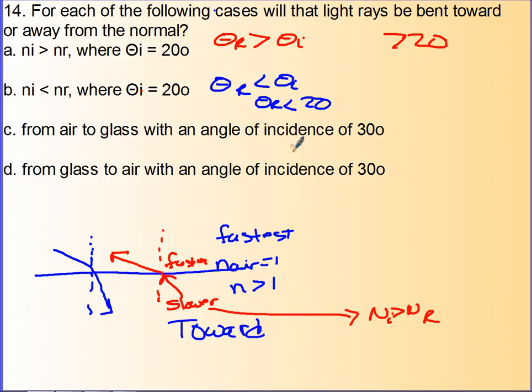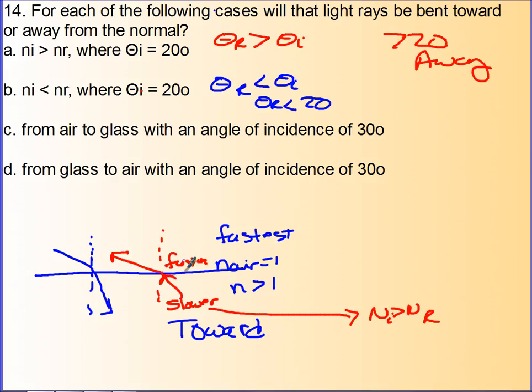From air to glass, oh, I'm asking is it toward or away? Sorry. All right. For the first one, it's going to be bent away. For the second one, Ni is less than Nr. Is that right?